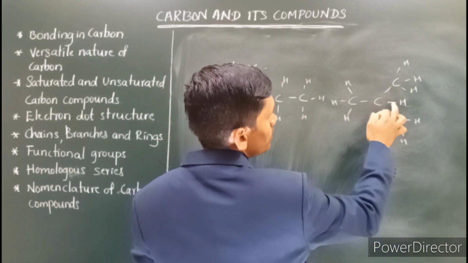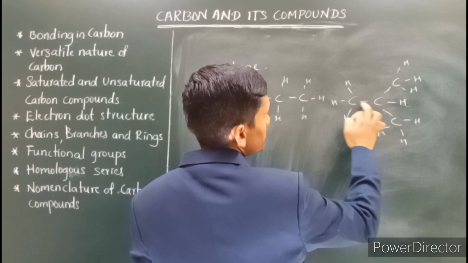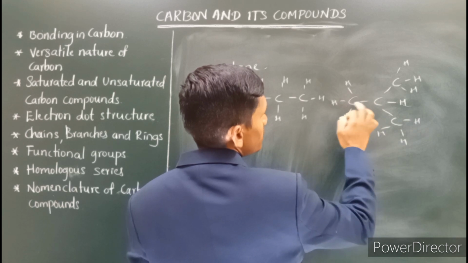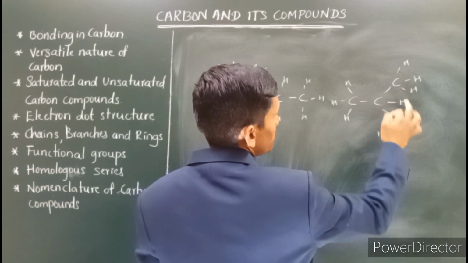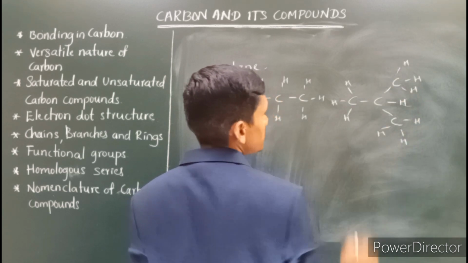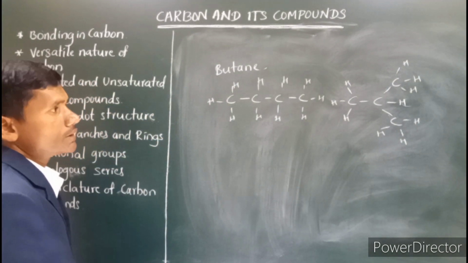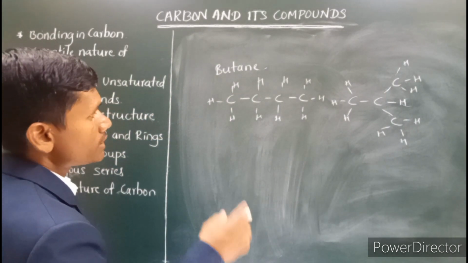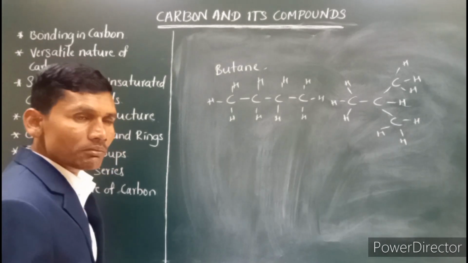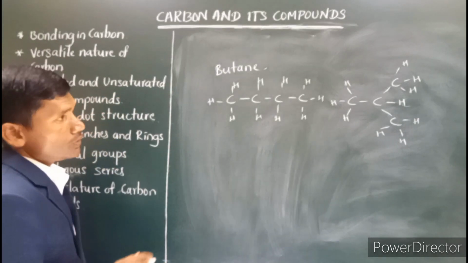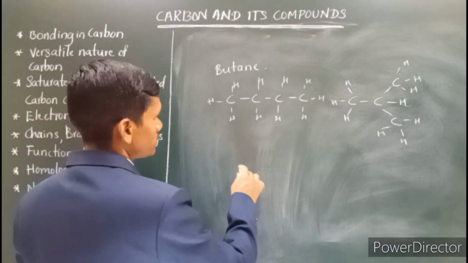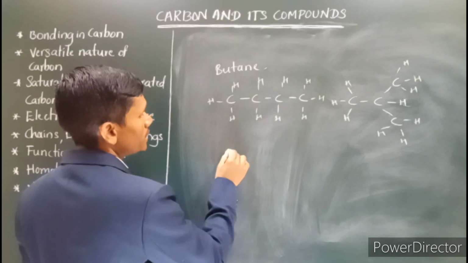Now 1, 2, 3, 4, for this also 4 bonds, 1, 2, 3, 4, for this also 1, 2, 3, 4, and here also 1, 2, 3, 4. Each carbon atom is forming 4 bonds. Okay. So this is the structure of butane, we can say.